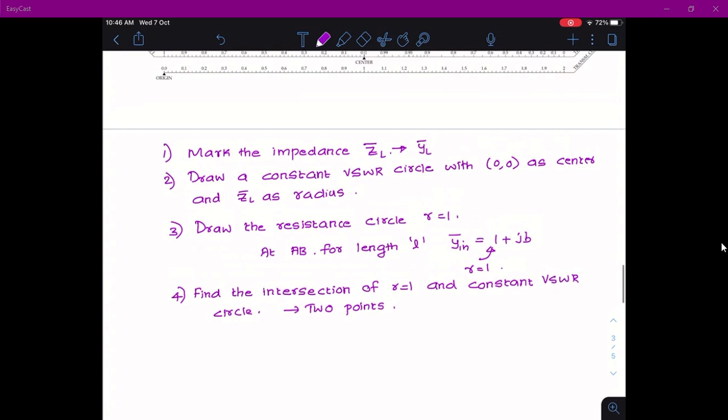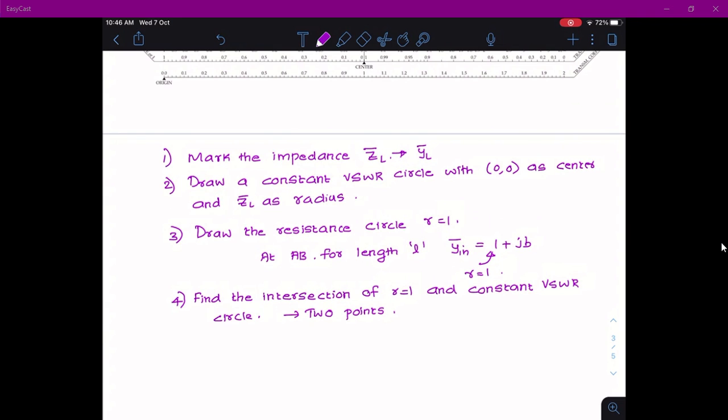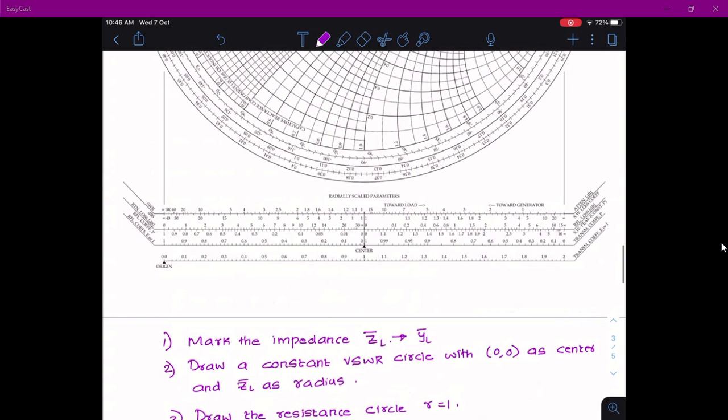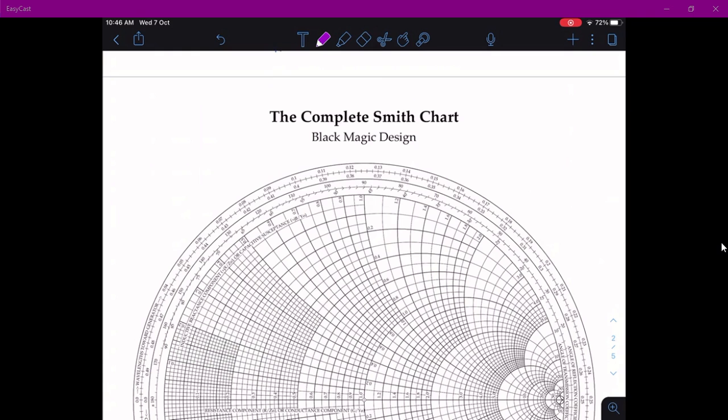Okay, now let's do one thing. Let's mark all these things before we proceed. So, for example, let's take ZL is equal to 40 plus J 30 ohm and Z0 is equal to 100 ohm. And you should match for this load impedance.